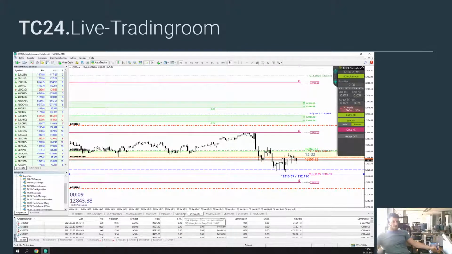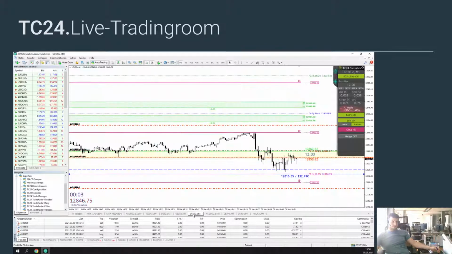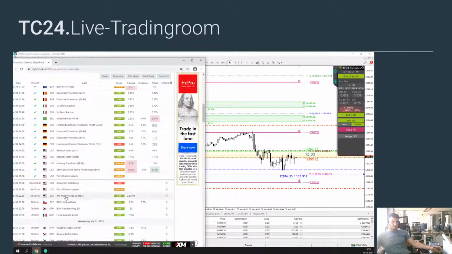Check out the Dow Jones quick. Coming into the second trade now. There comes the countdown.